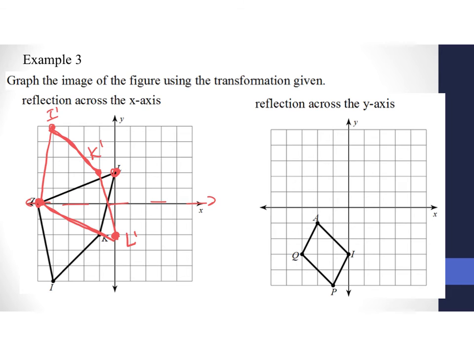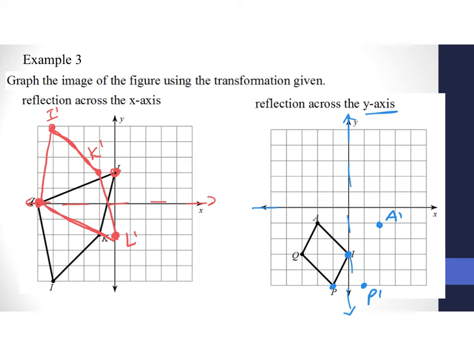For my next example, I'm going to reflect over my y-axis. Remember that this right here is our y-axis. It's the vertical line. So again, I'm going to do the same thing. A prime is going to be 2 units on the other side. So A prime, I stays on the line. P is going to be 1 unit to the right, since it's 1 unit to the left now.